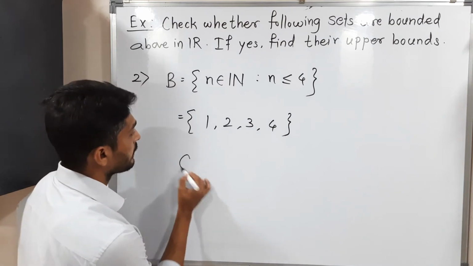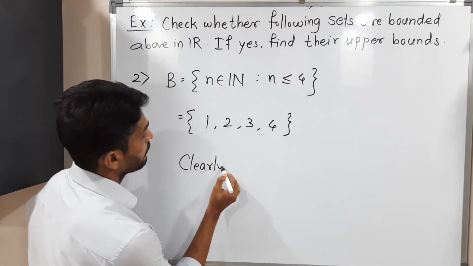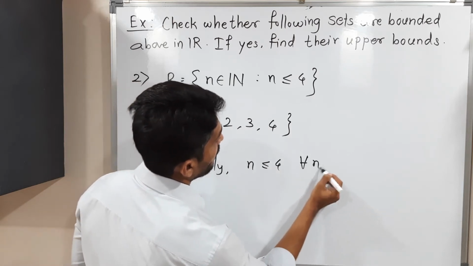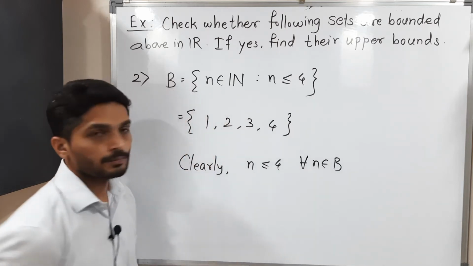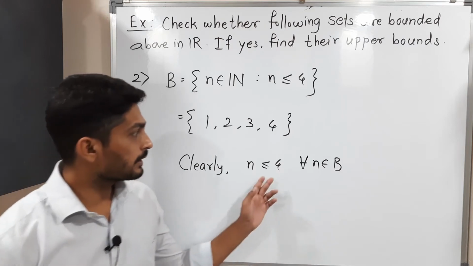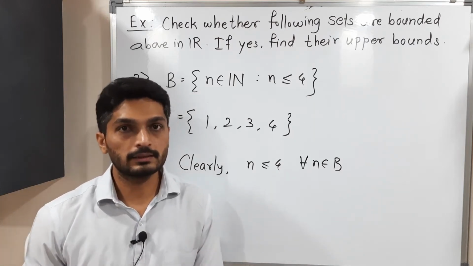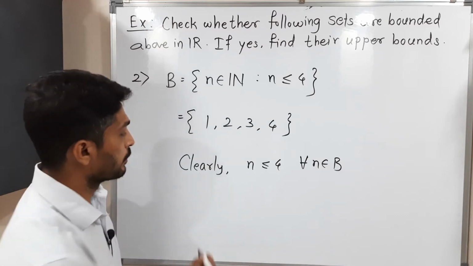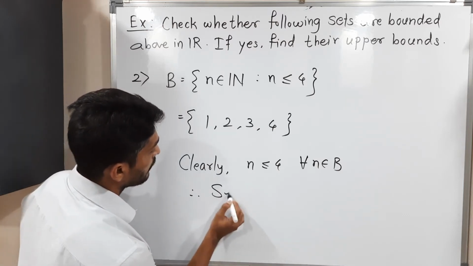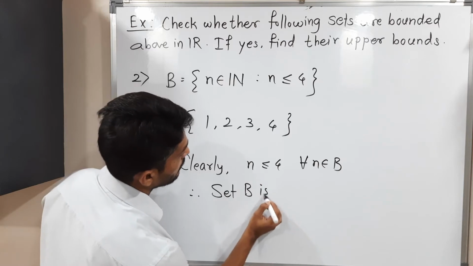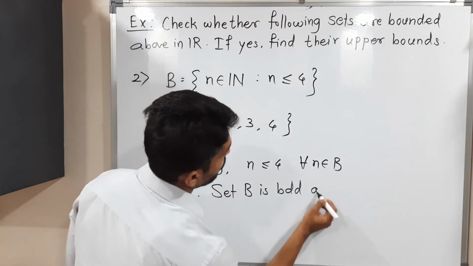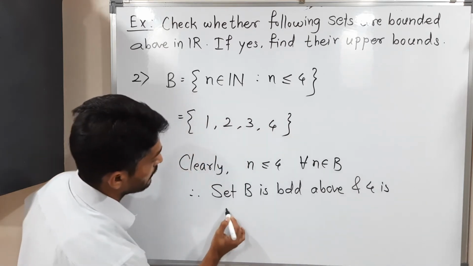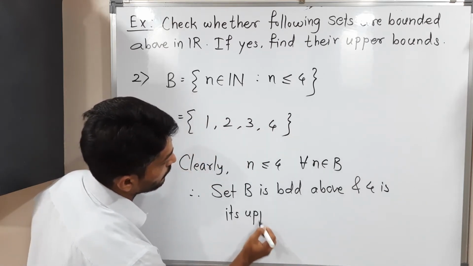Clearly I can write n less than or equal to 4 for all n belongs to B, or x also we can write. So all numbers of B are less than or equal to 4. So 4 is an upper bound and set B is bounded above, and 4 is its upper bound.